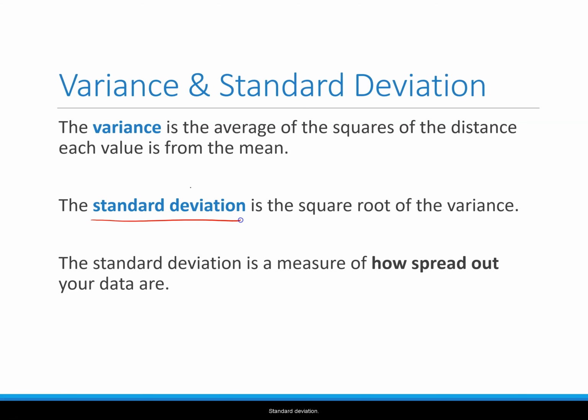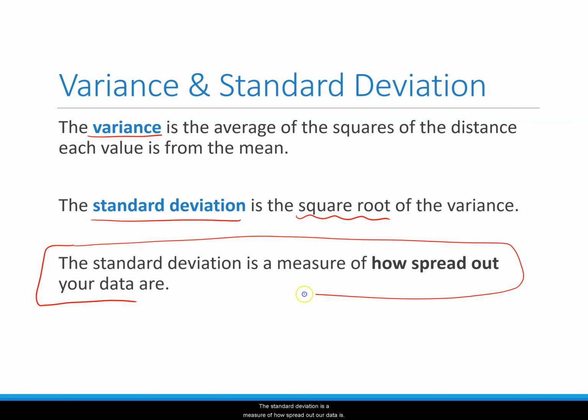Standard deviation, directly related to variance, is the square root of the variance. The standard deviation is a measure of how spread out our data is. So the bigger the standard deviation, the more spread out our data is.